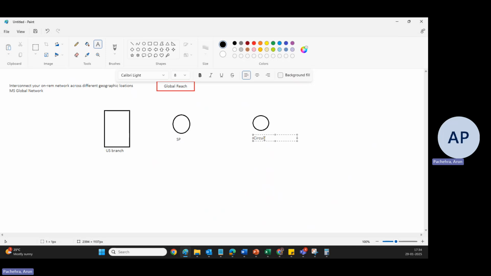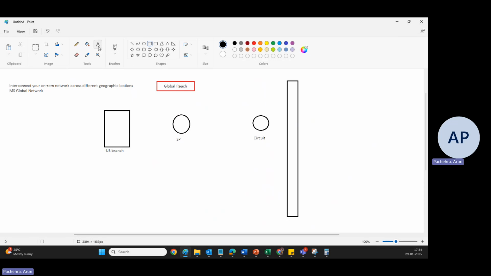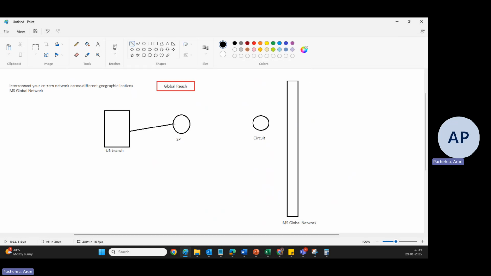This is the ExpressRoute circuit, and with the help of this circuit it will reach the Microsoft backbone global network. This is the MS global network. This is the US, so this connectivity is in the US. The service provider is also in the US, and this circuit is also in the US.